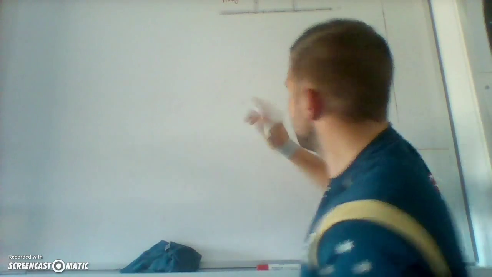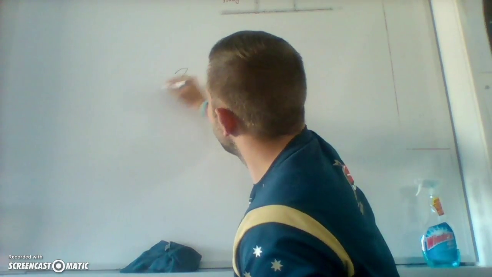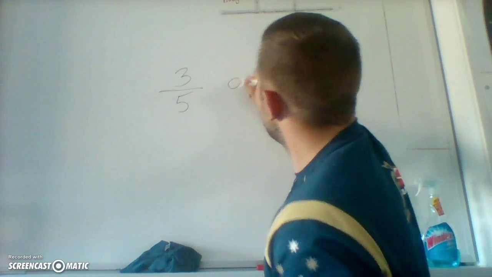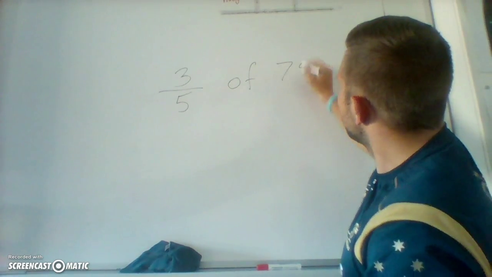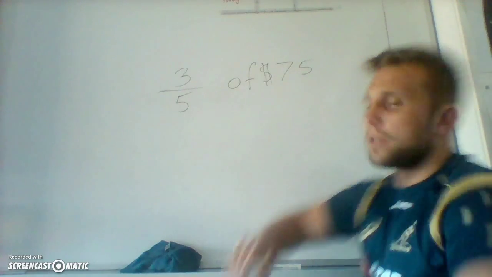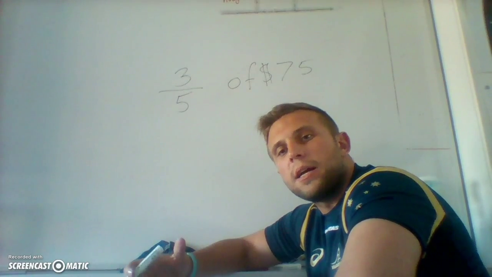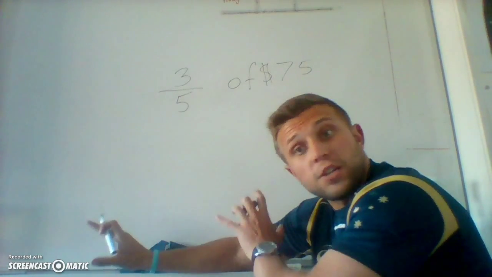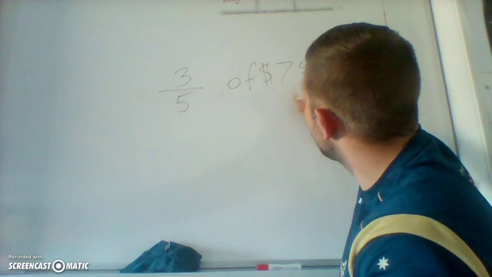Let's do one more, and then I'm going to write some up on the board for you to do yourself. The reason we have these algorithms and mental strategies is because of numbers like $75.